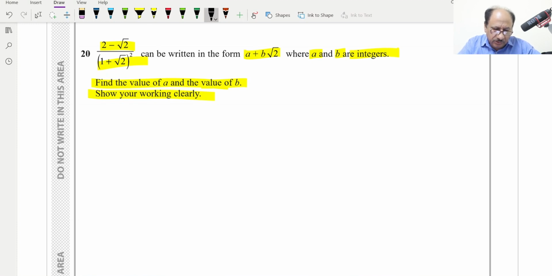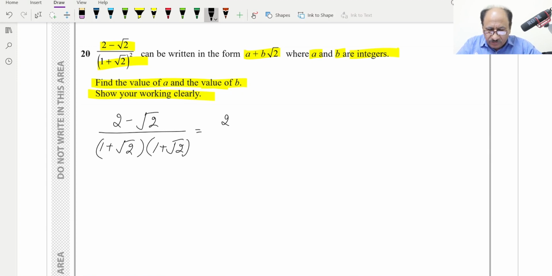So this will be 2 minus under root 2, and the denominator I will be splitting for the square, because most of the students don't know the formula, so I'm not directly opening this, I'm multiplying this.